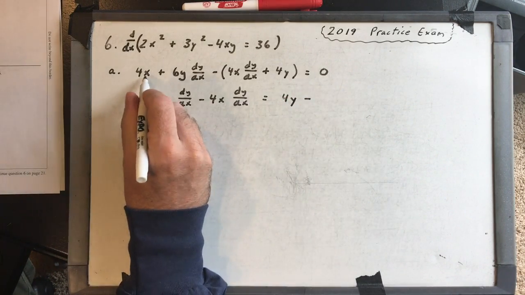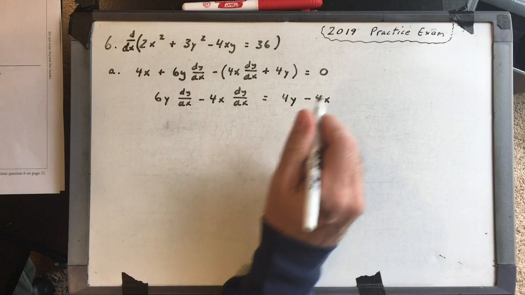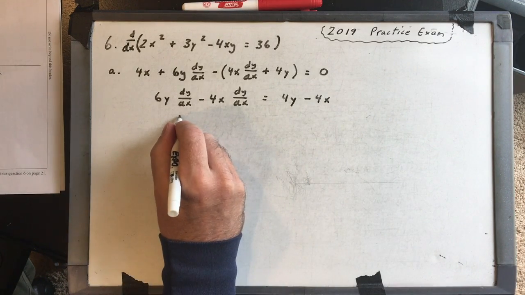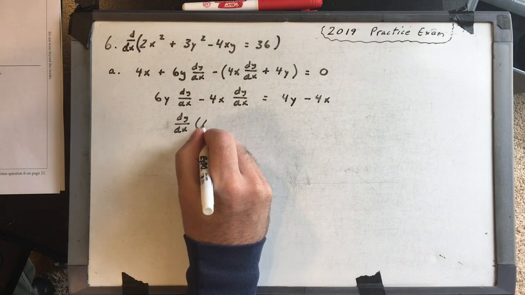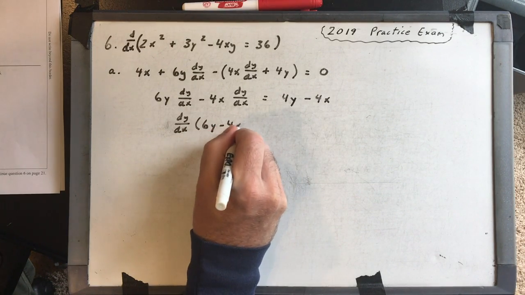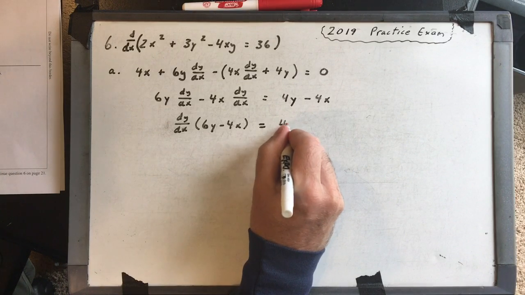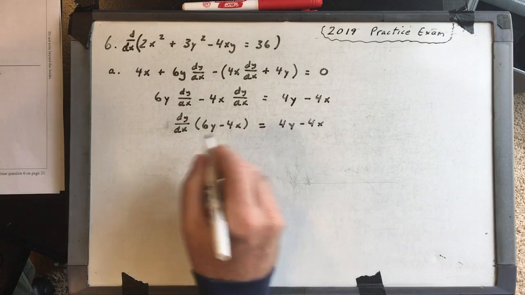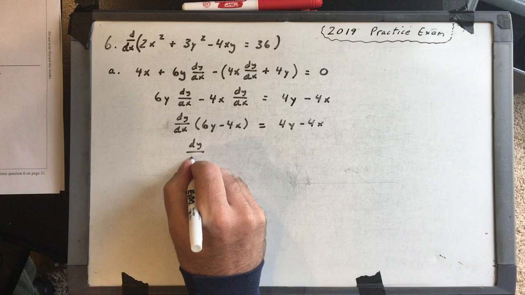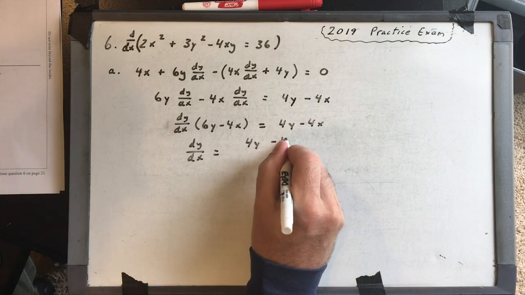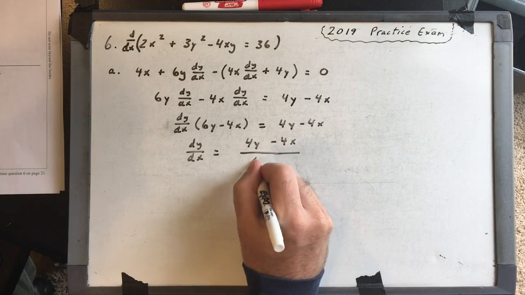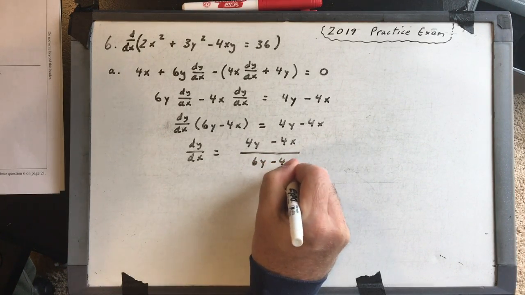And then this 4x would be minus 4x. So factoring out a dy/dx, which you could skip this step, 6y minus 4x. And then dy/dx is equal to (4y minus 4x) over (6y minus 4x).